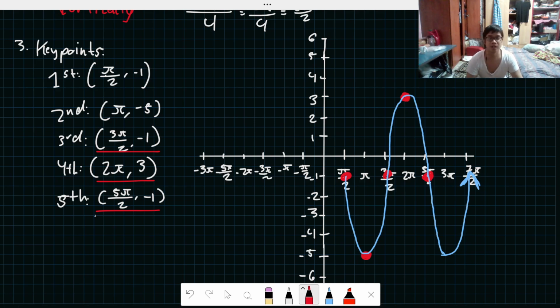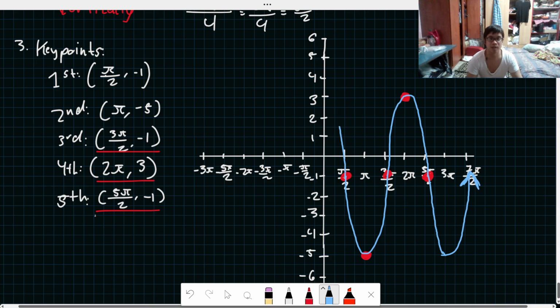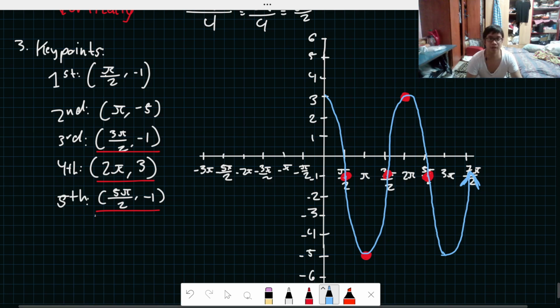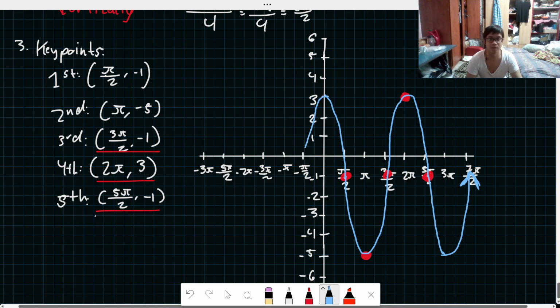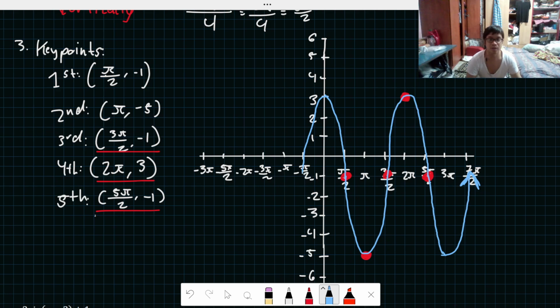So here, for your next value, you are going to go up. That means you're going to go up to 3 here. That's it. Then for your next x value, you're going to go down, to the middle.